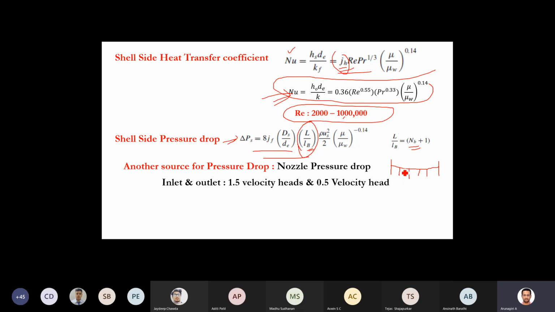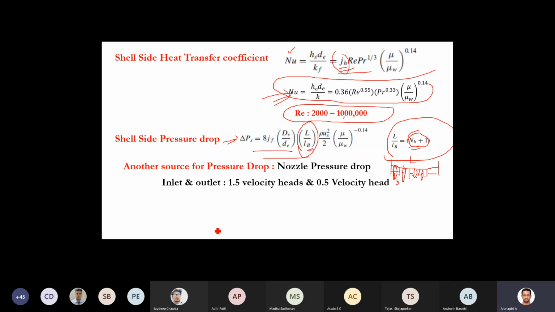This is your baffle spacing LB, and this is L. So L by LB becomes 5 while the number of baffles is 4. L by LB is nothing but NB plus 1. You have to account for this because there is a pressure drop at each of these baffle sections. That's why you multiply this equation by L by LB.